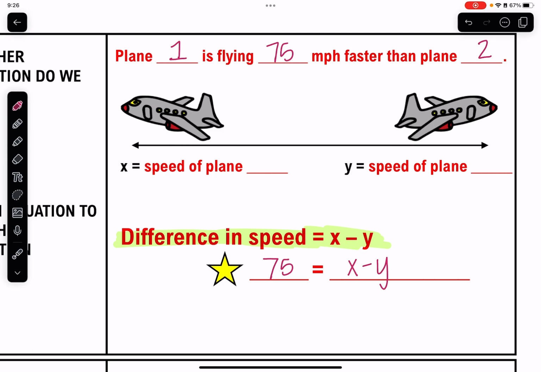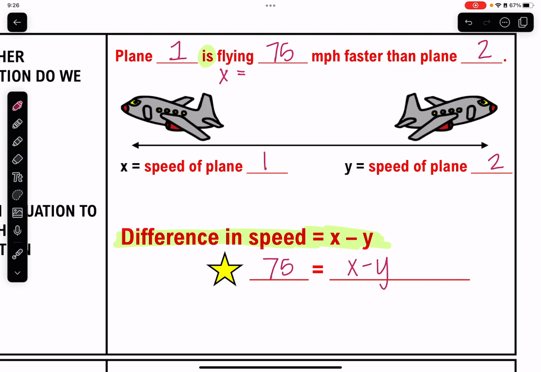So down there where it says x equals speed of plane 1, y is speed of plane 2, I'm just going to turn that first sentence into an equation. Plane 1 speed, okay? So that's my x. Remember, whenever you see the word is, that's where we always put the equal sign. So we're going to say plane 1 is. So that speed is 75 miles faster than plane 2.